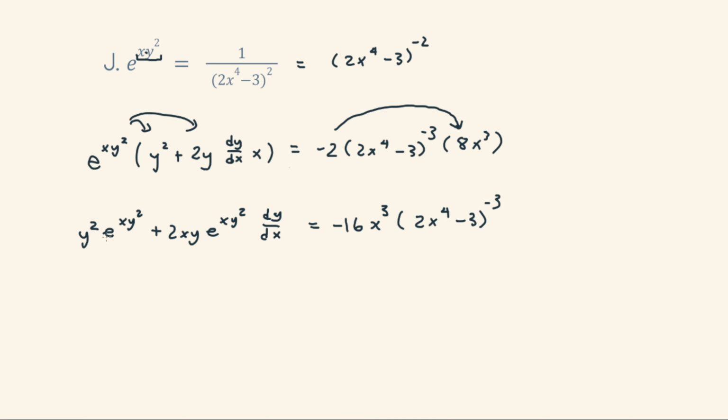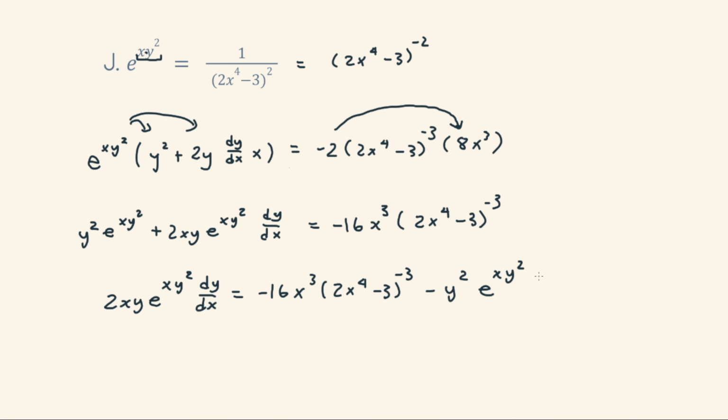Now, let's subtract both sides by this over here. So we've got 2xy e to the xy squared dy over dx, and that's going to be equal to minus 16x cubed times (2x to the 4 minus 3) all to the minus 3 minus y squared e to the xy squared. And all that's left to do now is to divide both sides by this bit over here.